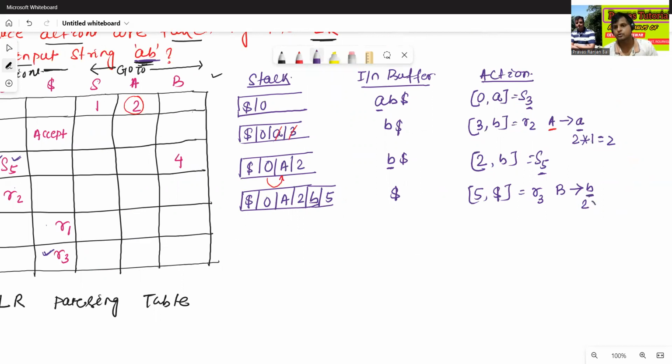So 2 into 1 equals 2, which means we will remove 2 elements from the stack.